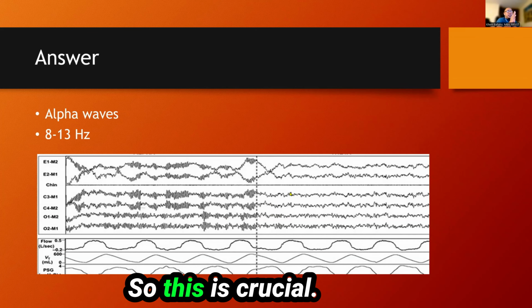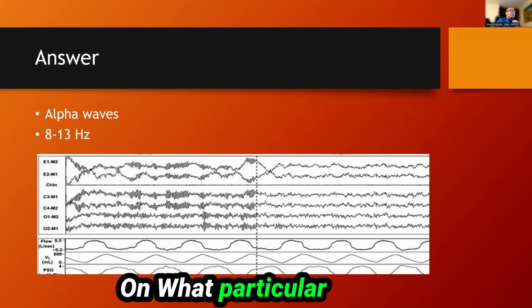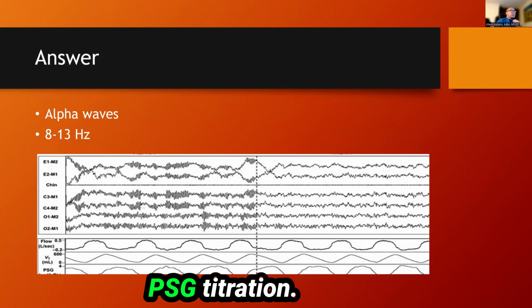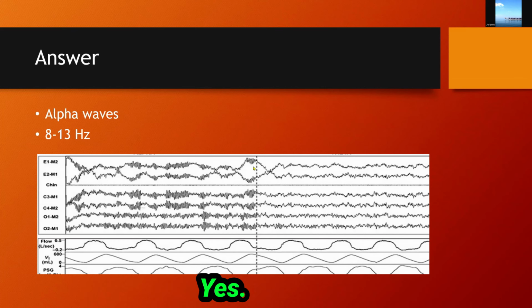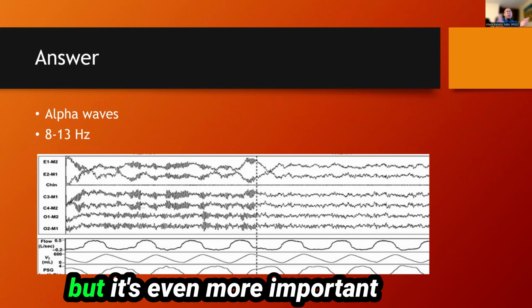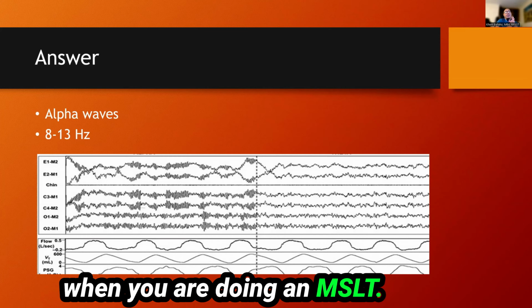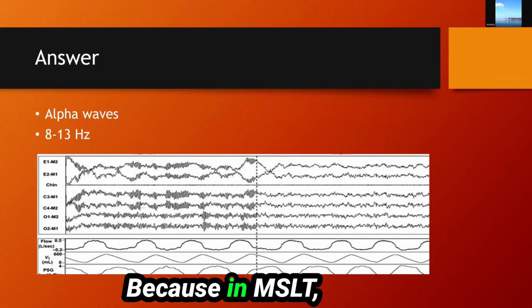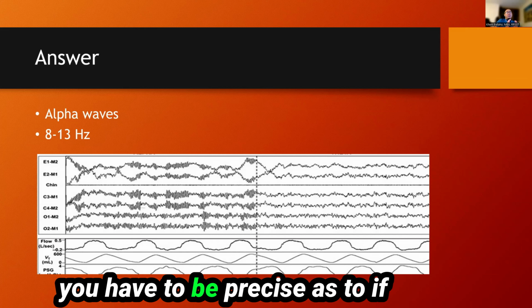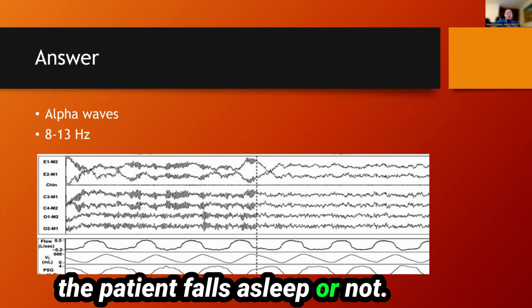So this is crucial. On what particular study is this? PSG, titration, MSLT? Yes, it is crucial in all studies, but it's even more important when you are doing an MSLT, because in MSLT, you have to be precise as to if the patient falls asleep or not.